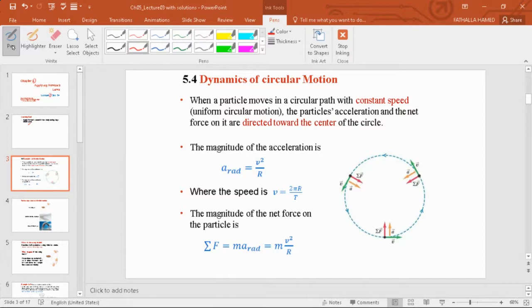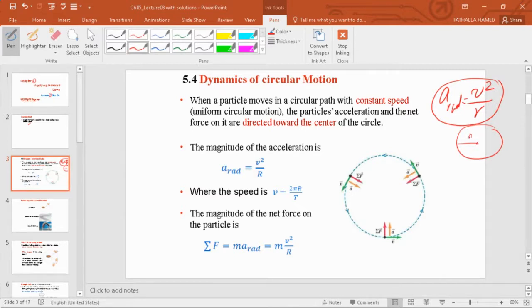And we talked about two accelerations when you go around a circle. We said that a_rad equals v squared over r, and this is directed toward the center of the circle, and it is responsible for changing the direction of your velocity.